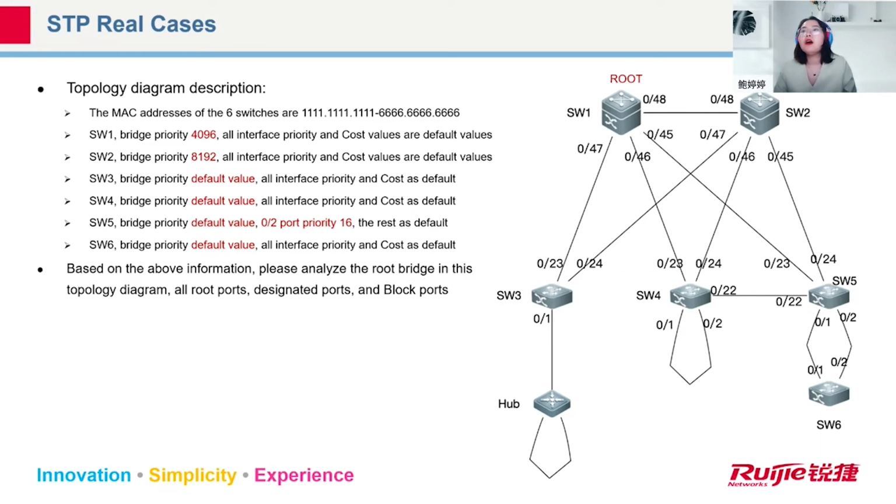And the second step, for the non-root bridges, we have to select one RP for each switch, right? So about switch 2, who will become the RP? Now we use the cost value of 10 for all the links, so the value is the same.